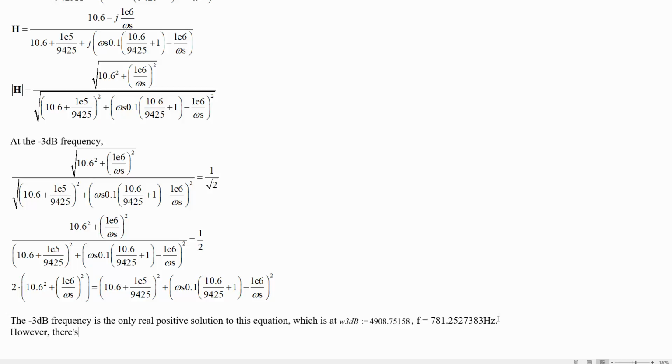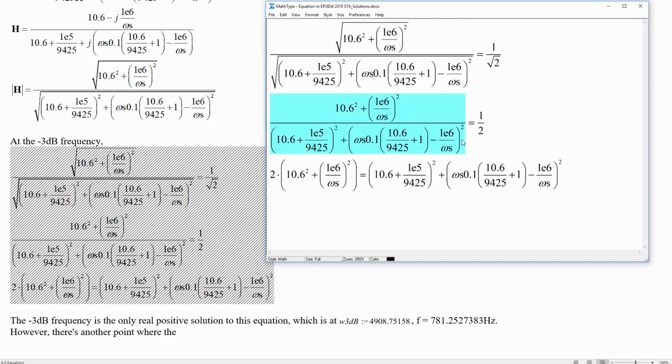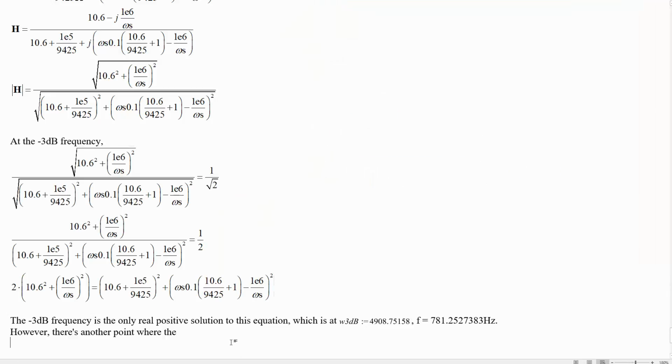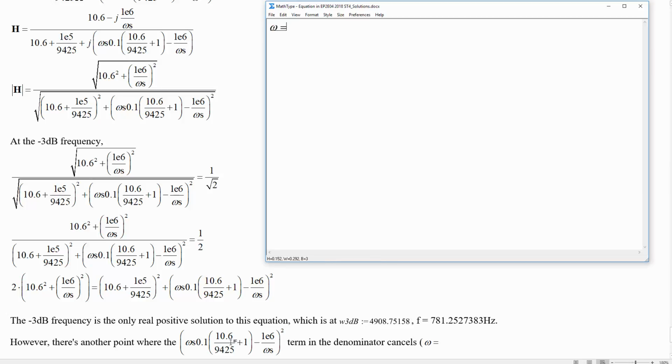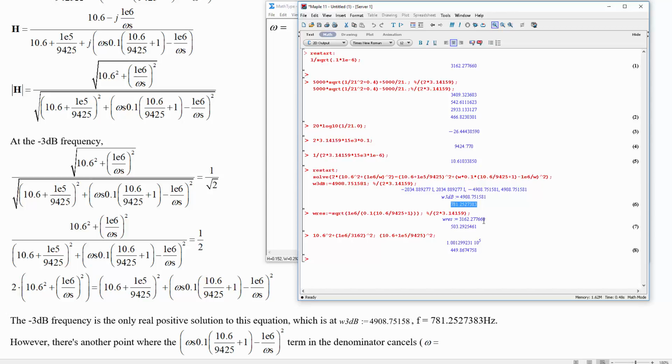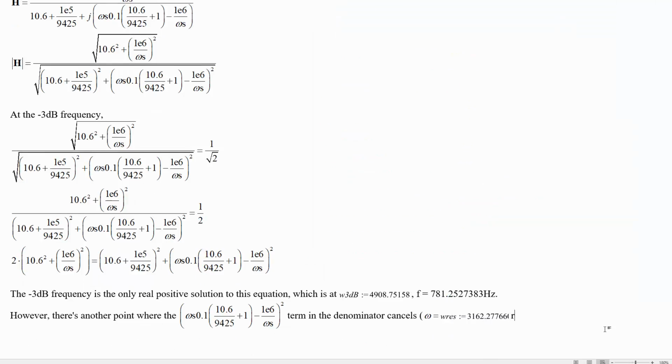However, there's another point where the term from the complex part in the denominator cancels, which is at omega equals this 3162. So omega equals omega res, rad per second. F is equal to 503 hertz.